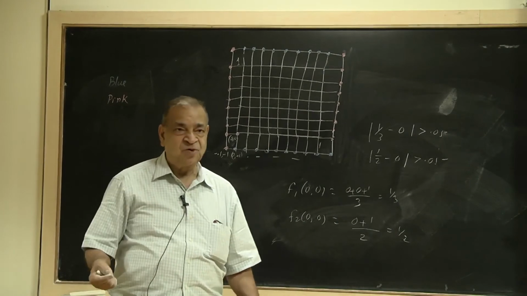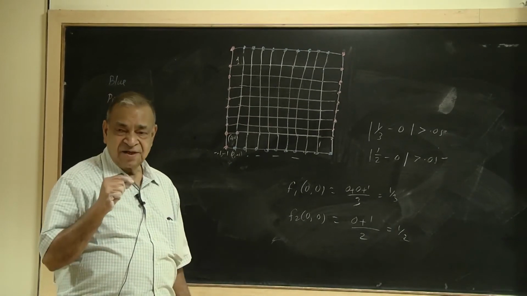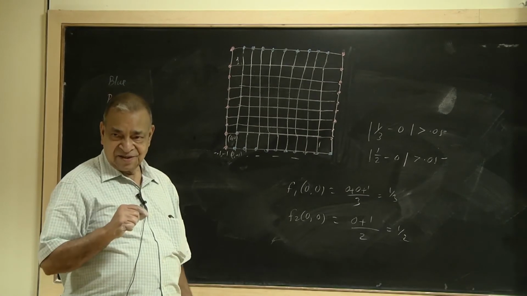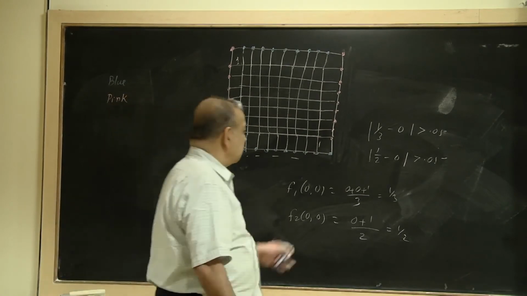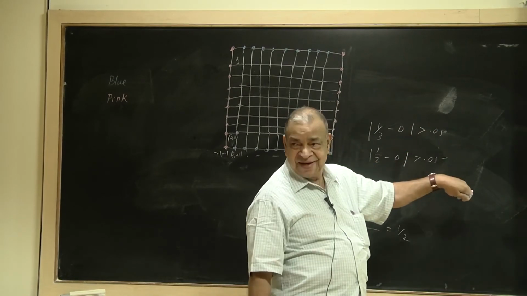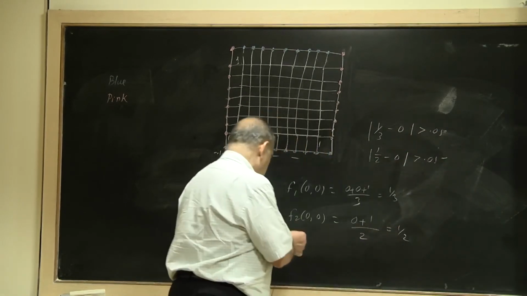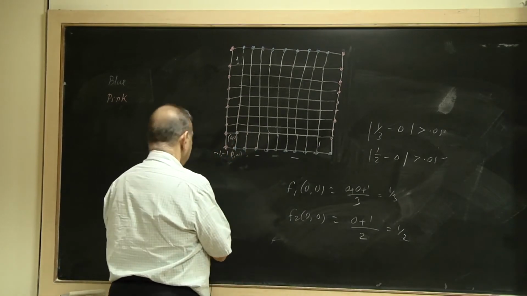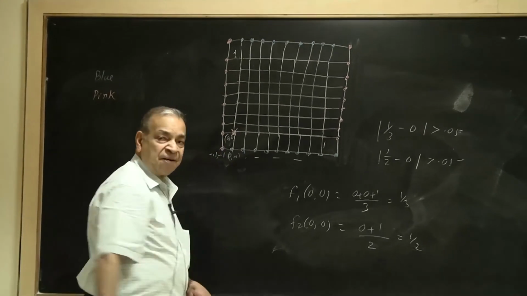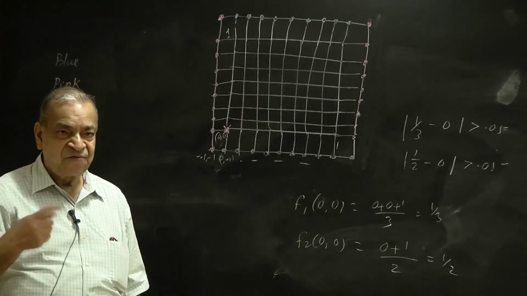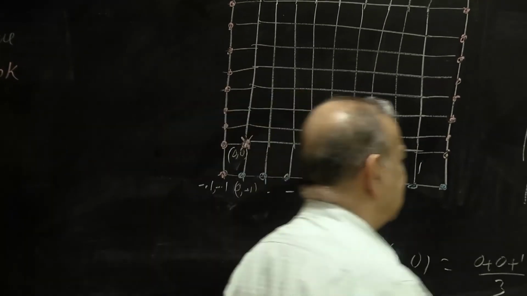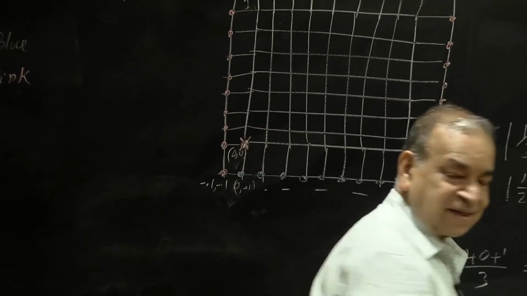Both are greater than 0.05, but always give the priority to the first coordinate. Suppose this difference is less than 0.05 but the other one is more, then it is for the boy. So this one is going to be pink. It's occupied by pink. Do you follow me? Greater than or equal to? You can put greater than or equal to, nothing is lost.